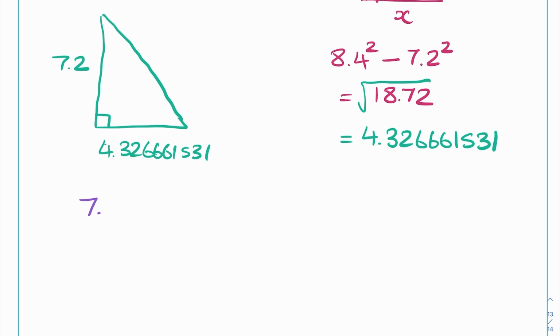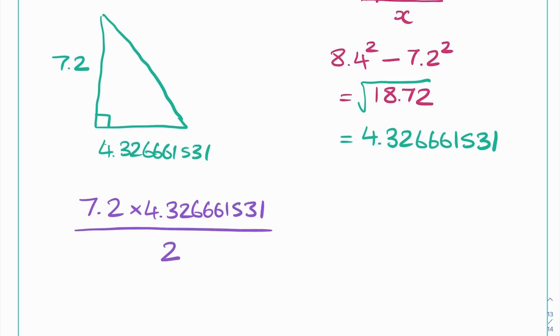So 7.2 times 4.326661531, let's just put that all over 2 as we're going to divide it by 2. That will give me the area of the triangle. I can type that in relatively easily on my calculator because I still have that 4.32 number, so I'm just going to press times 7.2, press equals.